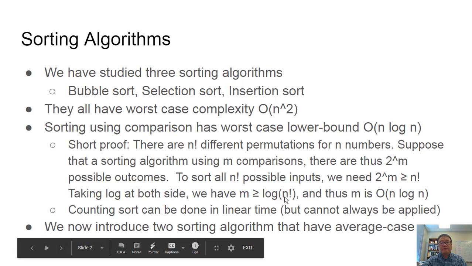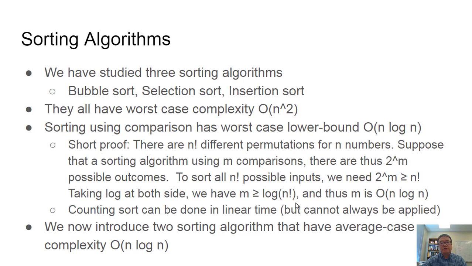For example, log n factorial is essentially the sum of n terms: log n plus log n minus 1 plus log n minus 2 and so on. If we just look at the first n over 2 terms, each of them is at least as big as log n over 2, which is log n minus log 2, which is 1. So log n minus 1.